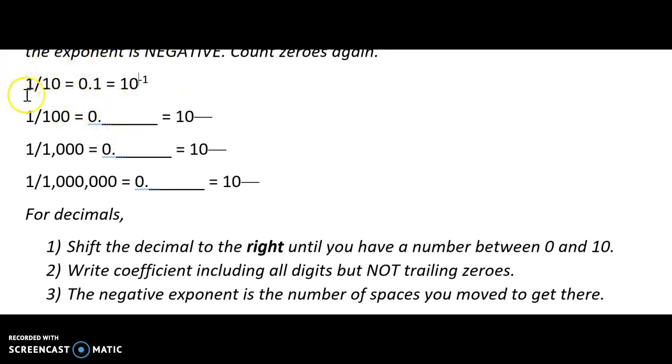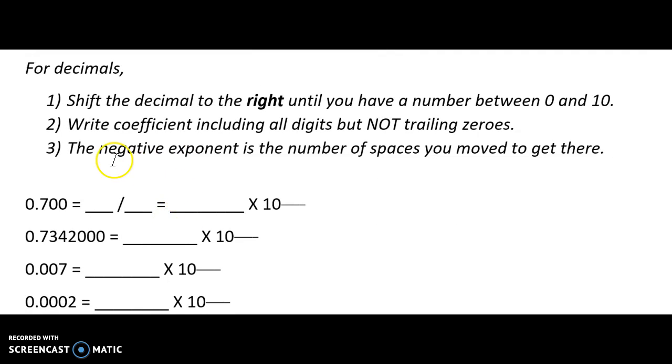So if we divide by 10 once, the exponent is -1. 1 over 100, we're dividing by 10 twice. 1 divided by 10 divided by 10 again, right, to get to 1 over 100. And that's 10 to the -2. You can do the rest.